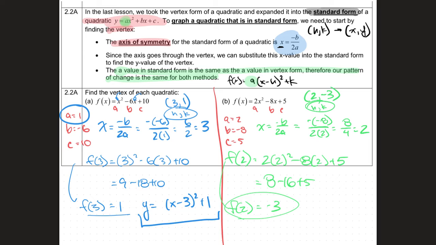Those are the letters that we get from vertex form. It's our x and y coordinate of the vertex. So if I'm going to write this in vertex form, it would be y equals, a is still the same a, so it's 2 times x minus 2 squared minus 3. And this is the vertex form of our standard form.